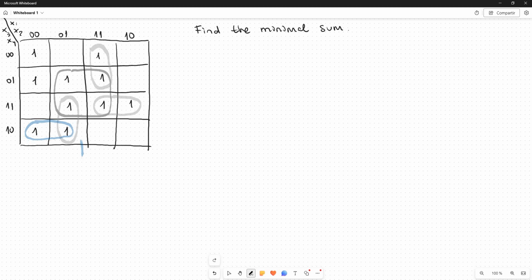And we still have to cover the other ones in the left top corner. For example, this one can be covered by another two size implicants, so we have to include them.